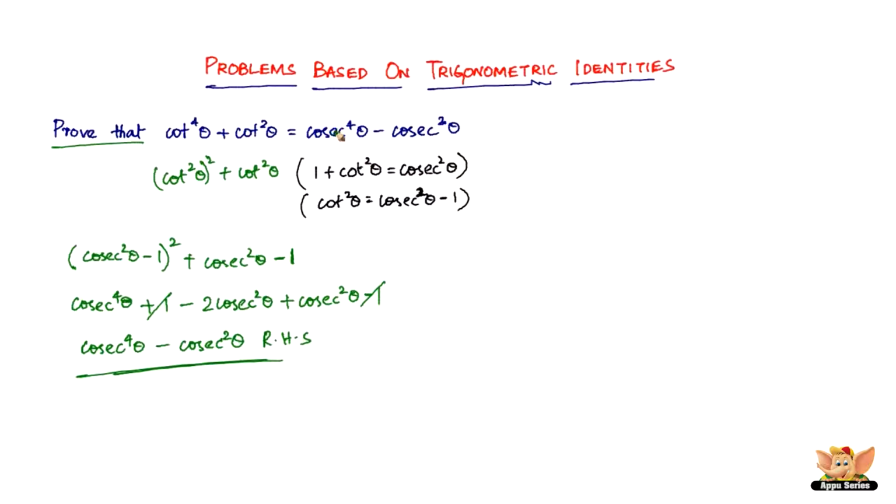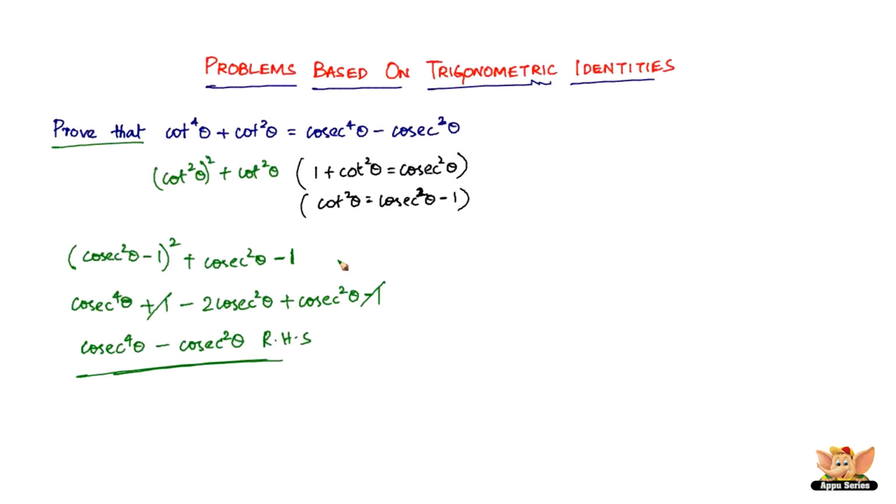Quickly go back to your memory and see what you have to get cot and cosecant in the same line. This is the equation that you get. Once you have it, modify it slightly to suit this problem, and there we go. So we proved that cot to the power 4 theta plus cot square theta equals cosecant to the power 4 theta minus cosecant square theta. That ends this problem.